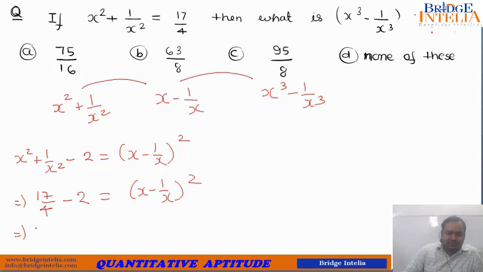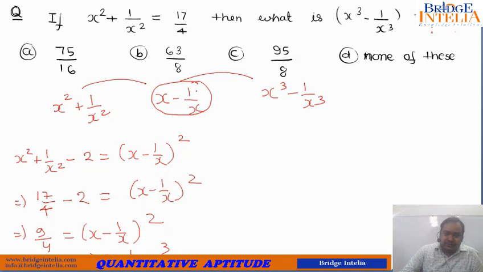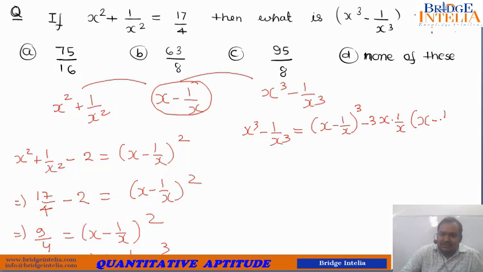So from here you can conclude that 9/4 is equal to (x - 1/x)², or else you can also say that x - 1/x is equal to 3/2, taking the square root. So once you have found this out, you can easily find this. x³ - 1/x³ can be written as (x - 1/x)³ + 3 · x · (1/x) · (x - 1/x).